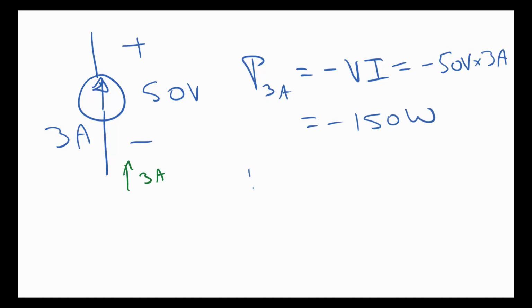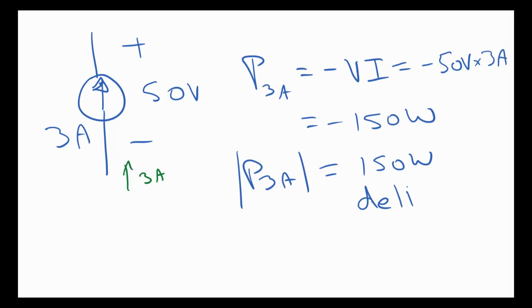Then, when we take the absolute value as the question requests, we get 150 watts, and since the sign was negative, it's delivering. And that is the solution to question 1b. Okay, so that is the answer.